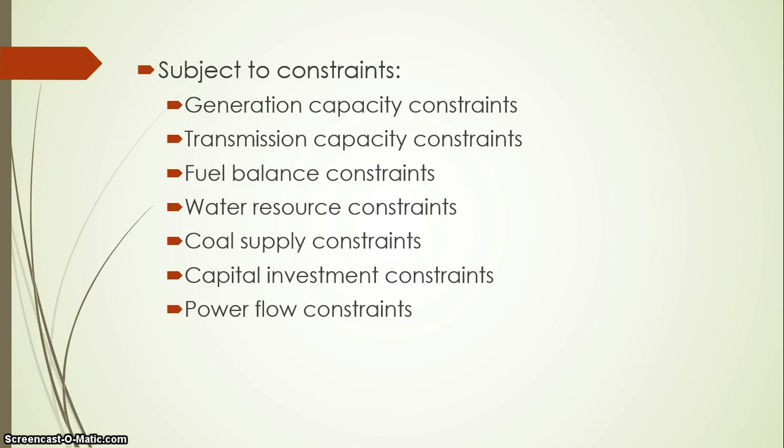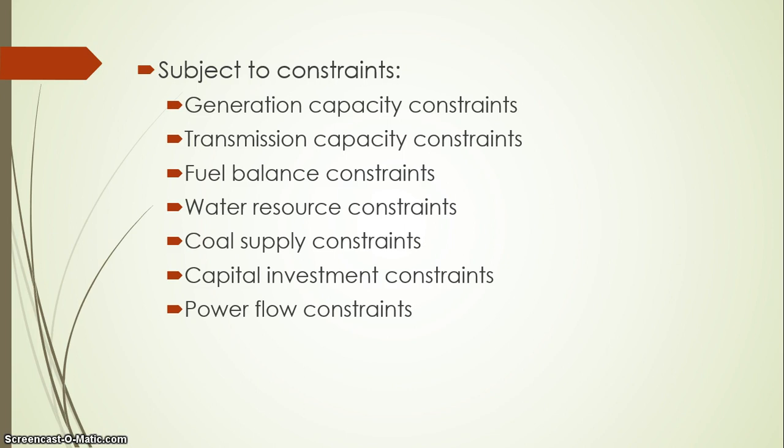Then fuel balance constraint, like I have said, what type of fuel the system is using. It can also take into picture the water resource constraint, which is a very important constraint while designing a hydropower plant, because the total hydrology is considered while a hydropower plant is used to calculate the cost of the energy generated.